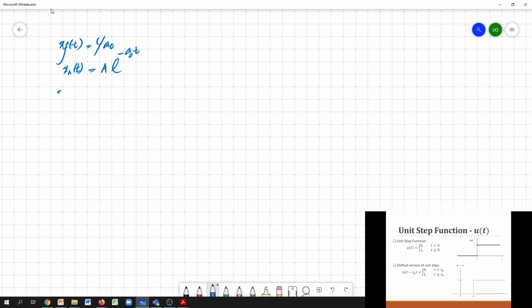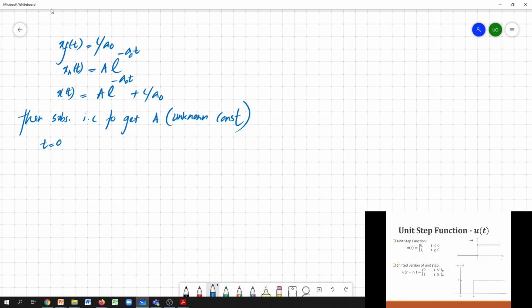So then the total response is the sum of these two, and then substitute the initial condition to get the unknown constant. Let's assume, at t equals 0, x(t) equals a naught.